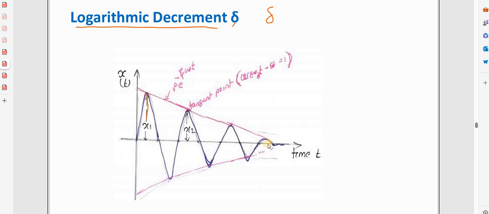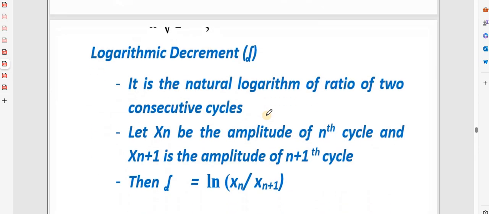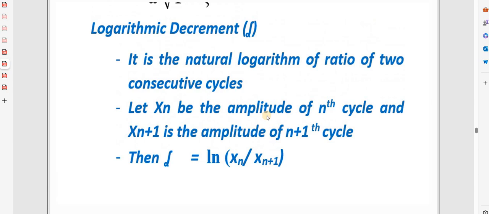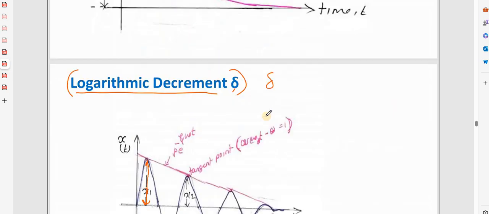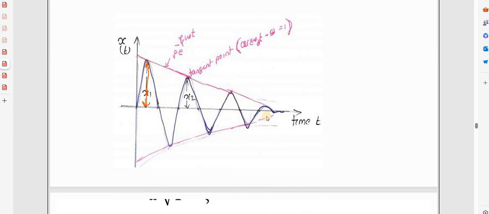Here this is the first amplitude, let it be x1. This is the second amplitude. So logarithmic decrement means the natural logarithm of the ratio of two consecutive amplitudes. That is, if for example this is xn and this is xn plus 1, then logarithmic decrement is equal to ln of xn by xn plus 1.